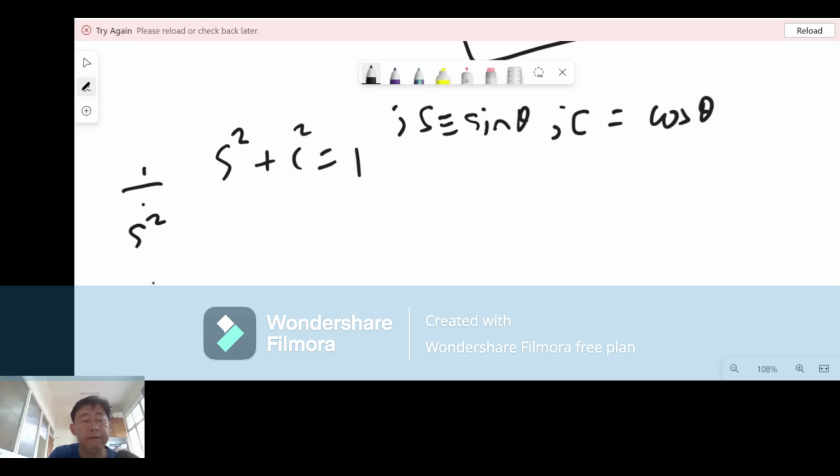So the whole equation, if you divide it by sine square, then sine square divided by sine square becomes 1, and you have cos square divided by sine square equals to 1 over sine square.